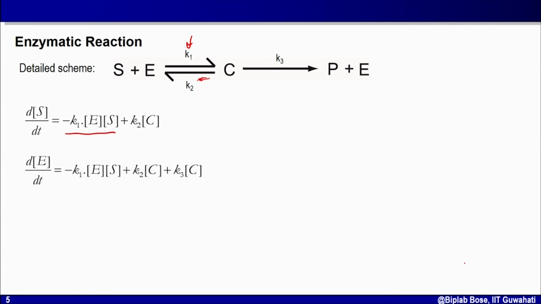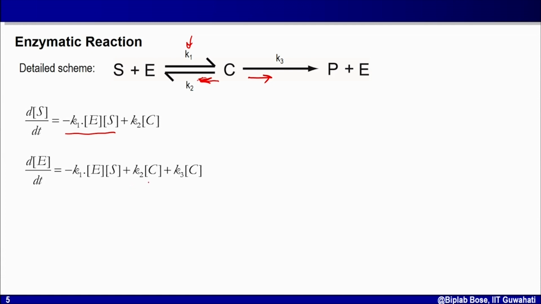Now let us write for the enzyme. d/dt, the rate of change in concentration of E, is equal to minus K1 E into S, same as the previous one in case of substrate S, because enzyme is getting consumed in formation of the complex C. So I have a minus term here, minus K1 E into S. Next, C is breaking down in both directions. In one direction, it is giving rise to S and E, so I get back some E. On the other side, C is breaking down into P and E, that also gives rise to some free E. So I have two terms.